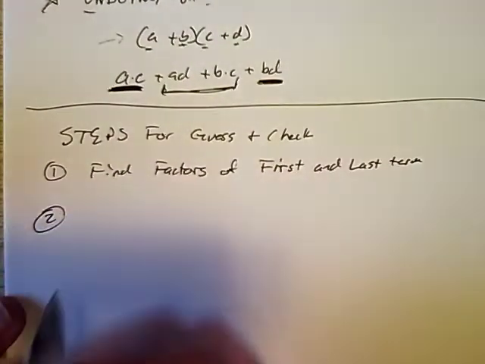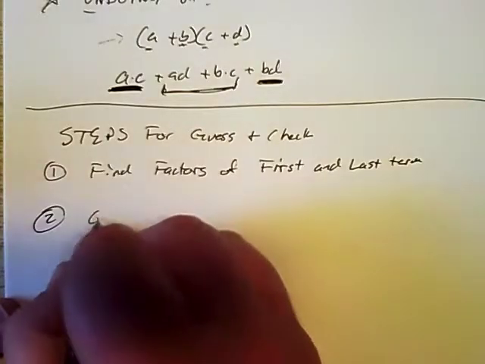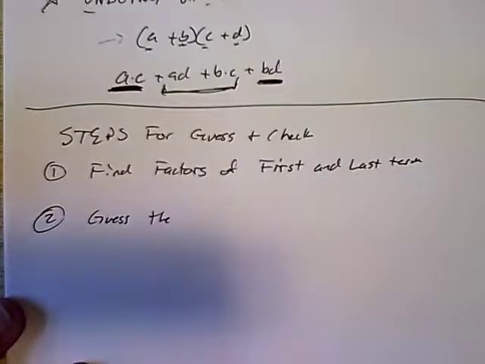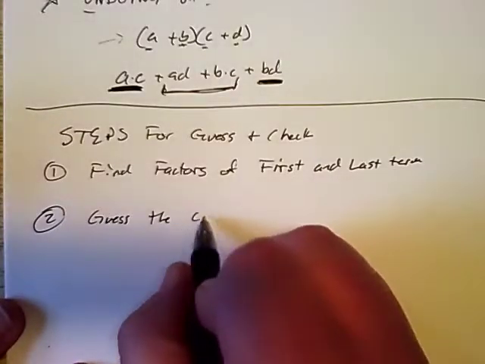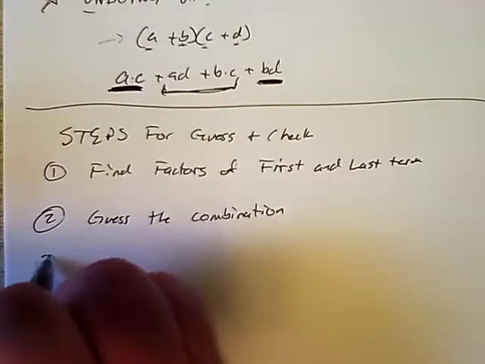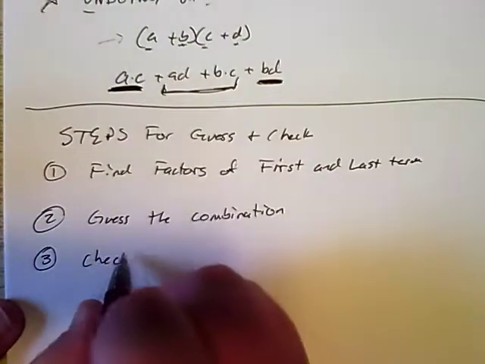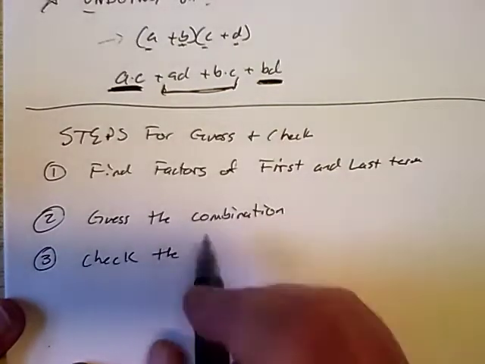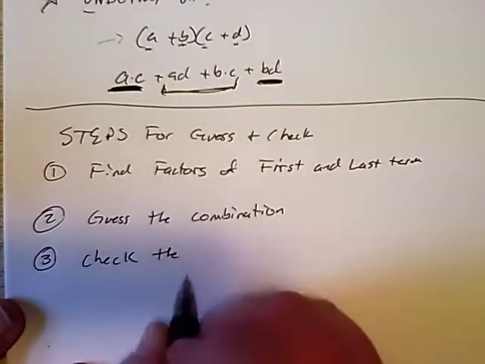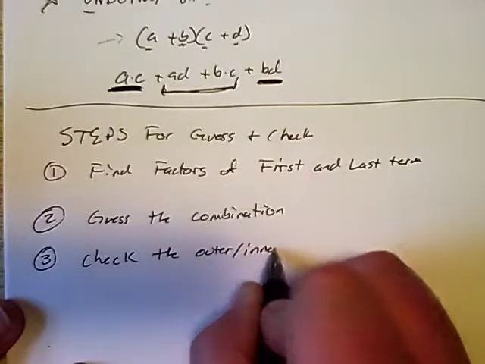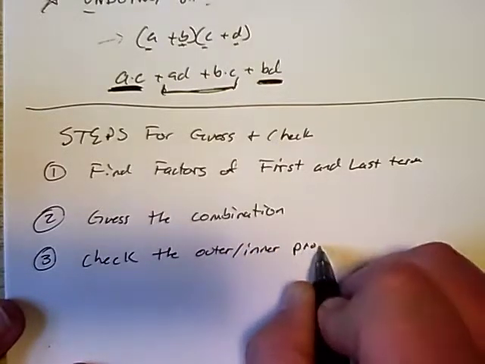Number 2, I'm going to guess the combination, so to speak. And part 3, I'm going to check to see if it's right. So I'm going to check the outer and inner products.